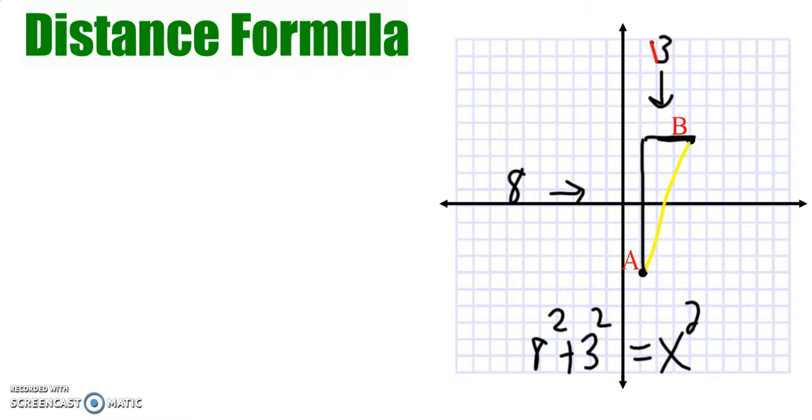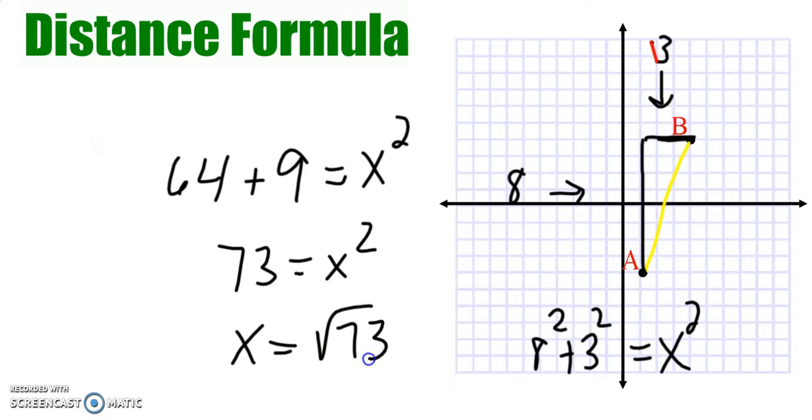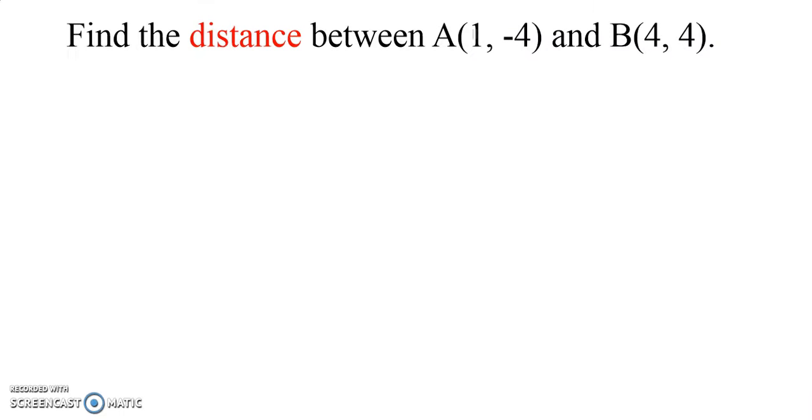So 64 plus 9 is 73, so x squared equals 73, and x equals the square root of 73. And I don't need to worry about positive and negative values because we're talking about distance, and distance can't be negative.